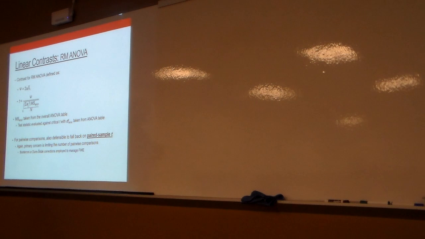But sometimes some of the contrasts that we're interested in are just pairwise comparisons. And again, if that is the case, and you've got big concerns with variability and are concerned with assumptions, it's always okay to fall back on paired t-tests if those are consistent with the types of questions you are interested in testing, okay?